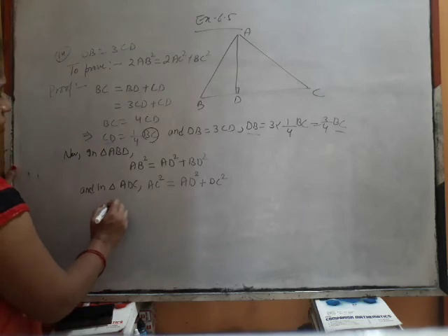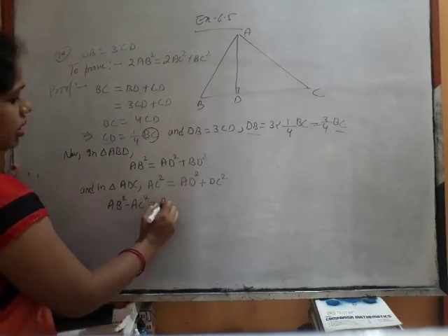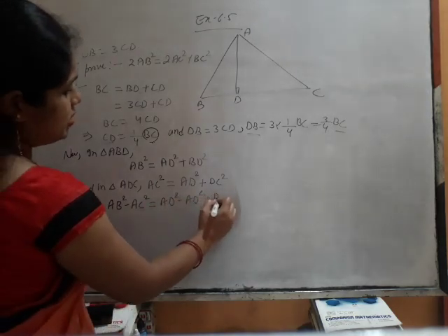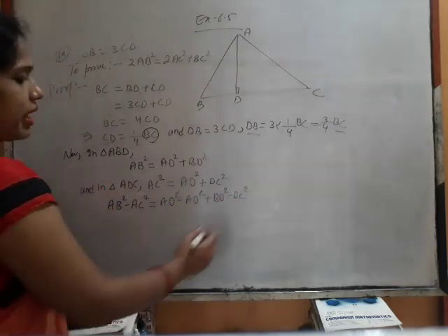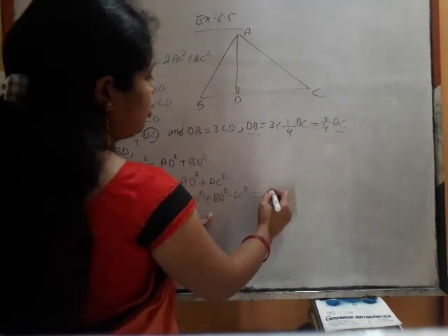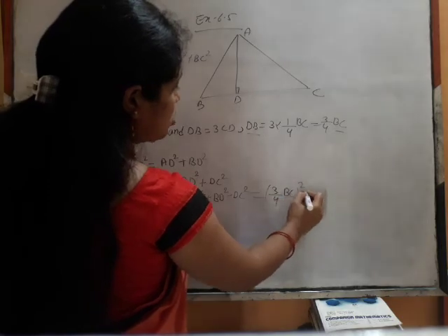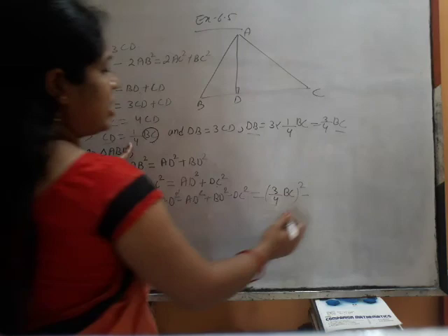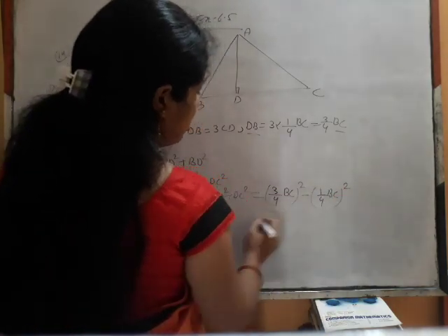So subtracting, we will get AB square minus AC square, AD square minus AD square, plus BD square minus DC square. So this will be cancelled. Now we will put here the value of BD: 3/4 BC whole square minus the value of DC square, 1 upon 4 BC whole square.